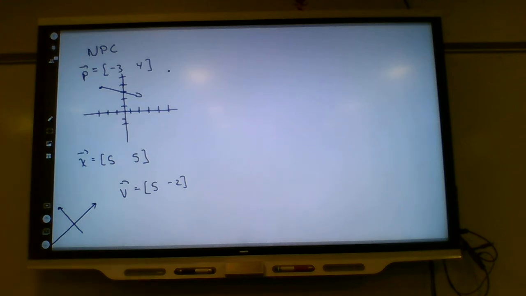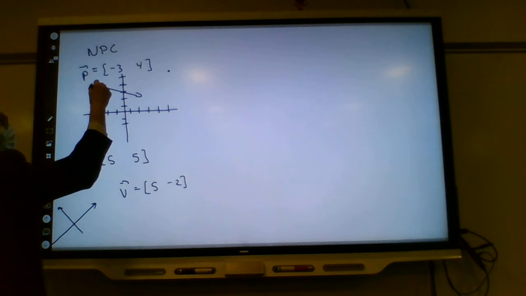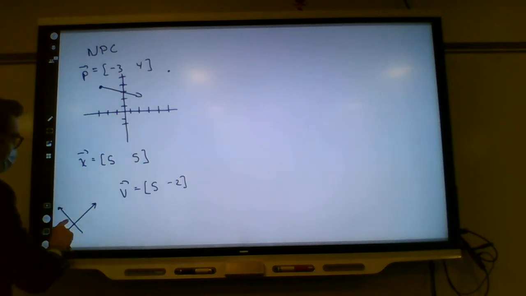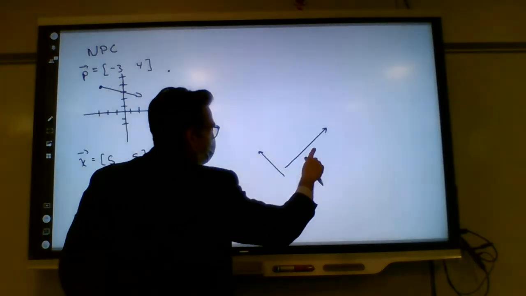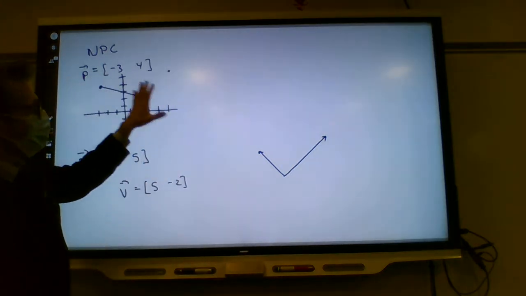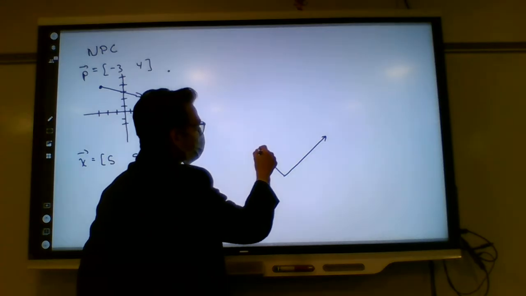Now this picture is not to scale, but what are we looking at? We are trying to figure out where the character and the point are relative to each other. Now over here, I'm going to redraw this picture with those vectors. This is the character.